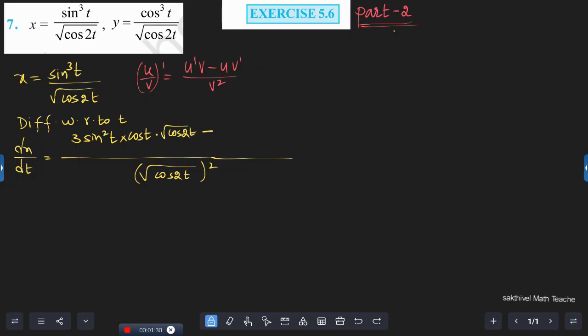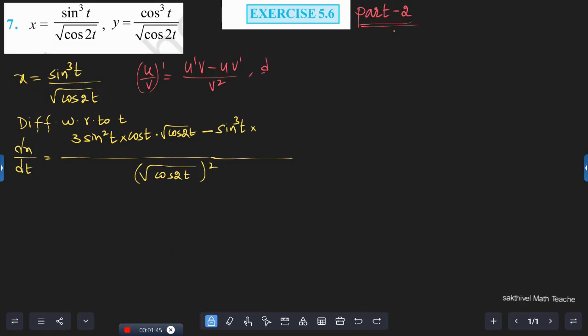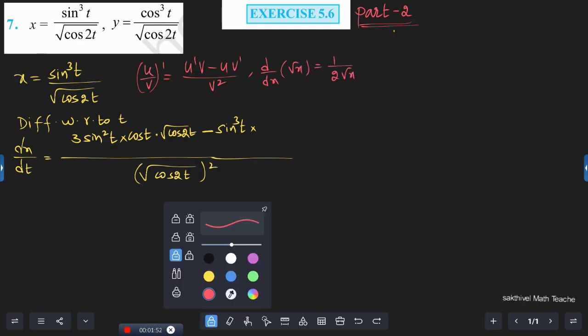Formula: minus u into v dash. U means what? Sine cube t, into v dash. In the sense, the denominator root cos 2t we have to differentiate. Derivative of root x is equal to 1 by 2 root x. This is the formula I am going to apply.